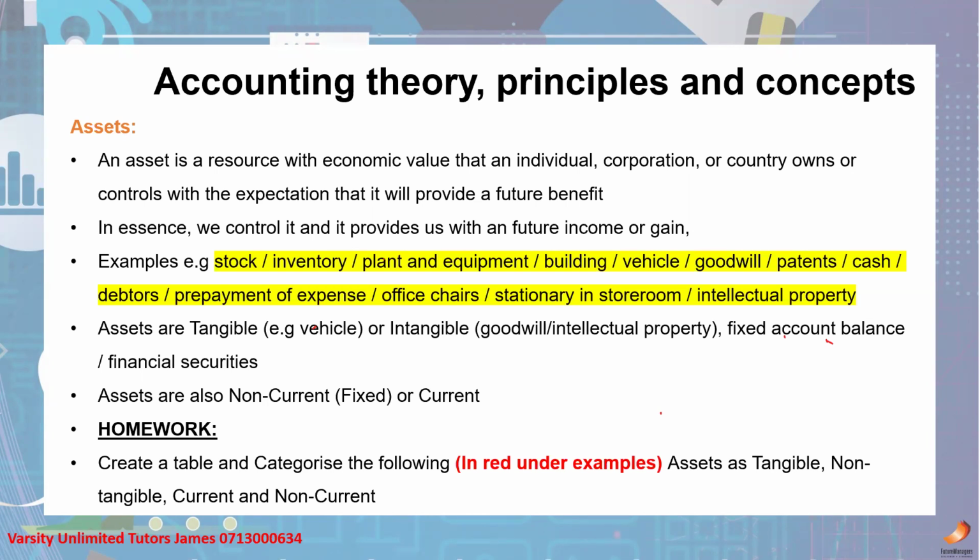They are now current assets because you are expecting that this asset will be used up within the following 12 months. Whereas when an asset is going to be used up over the next 10 years, 5 years, 3 years, anything above 12 months is considered a non-current or a fixed asset.